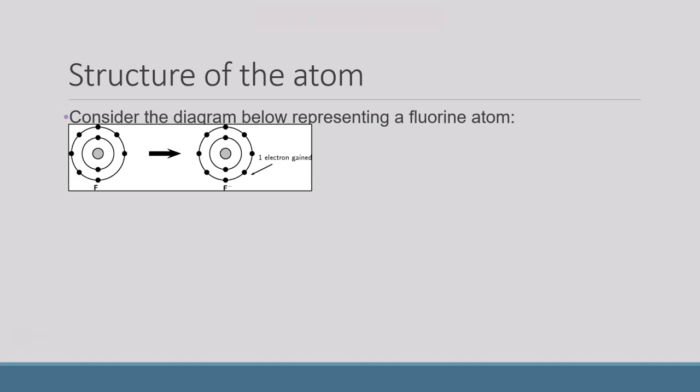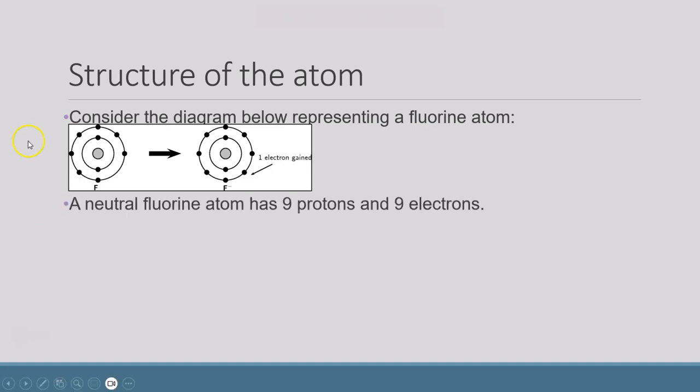Now let's consider the diagram of a fluorine atom. A neutral fluorine atom will always have 9 protons in its nucleus, and also 9 electrons in its orbitals.